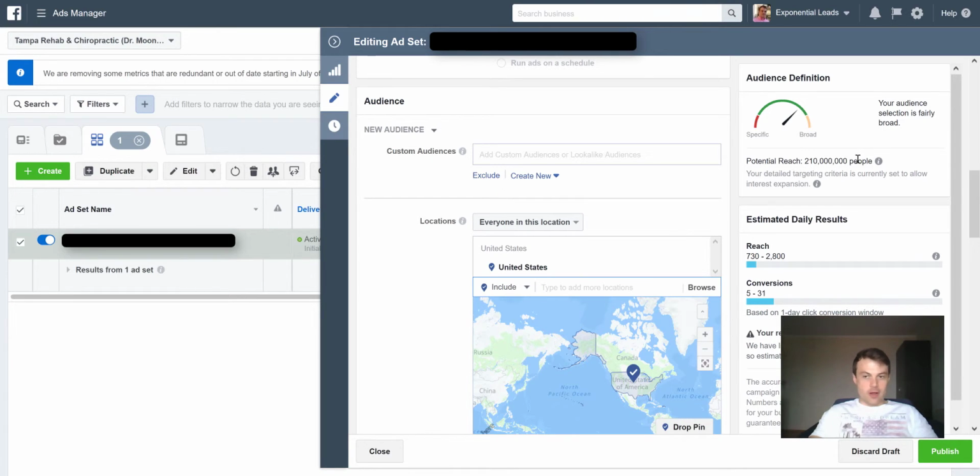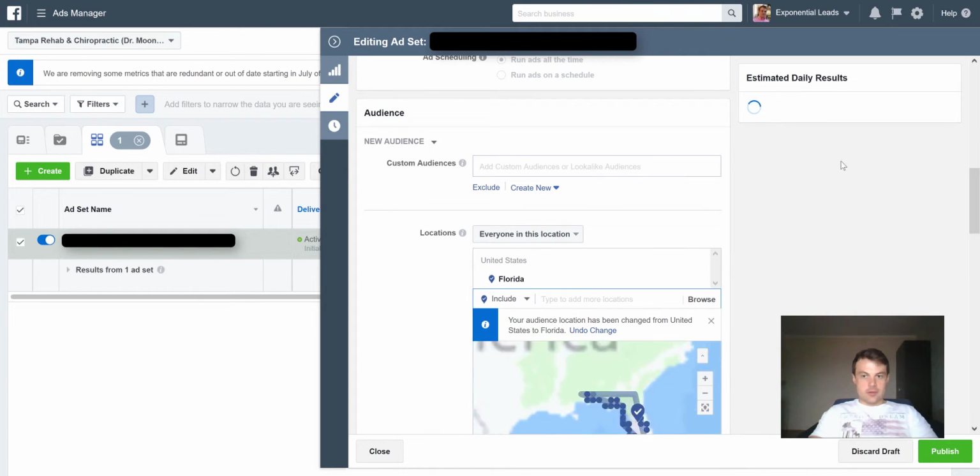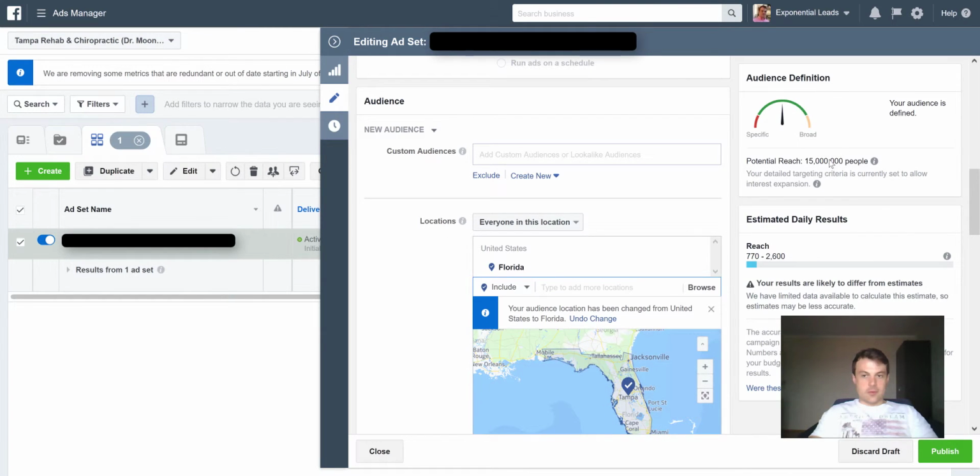Now, that's very broad, and you should never use such a large number, but I'm just giving you an example. Maybe you can just do all of Florida as opposed to Tampa. And if we do Florida, we would get 15 million people. So the chances of our ads competing against each other would go down dramatically again.